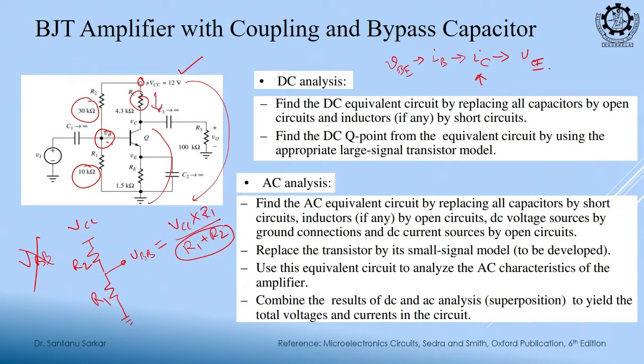VCC is equal to ICRC plus VCE plus IERE. So, you see, you will only have to write one equation, either KCL or KVL. So, where is my KVL? This point. From this onwards up to 0. From this onwards, what are the potentials? VBE plus this drop. If we start from this potential, I will come down up to 0: ICRC plus VC plus IERE.